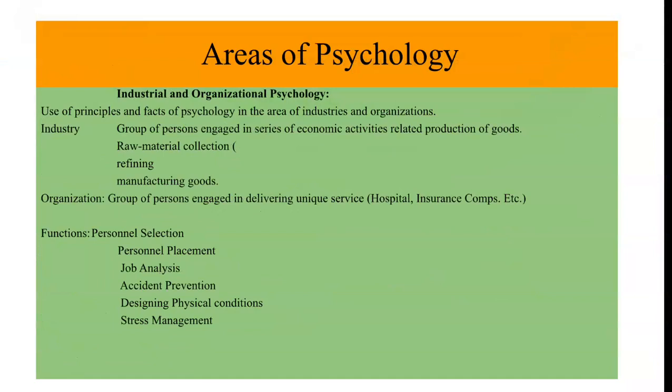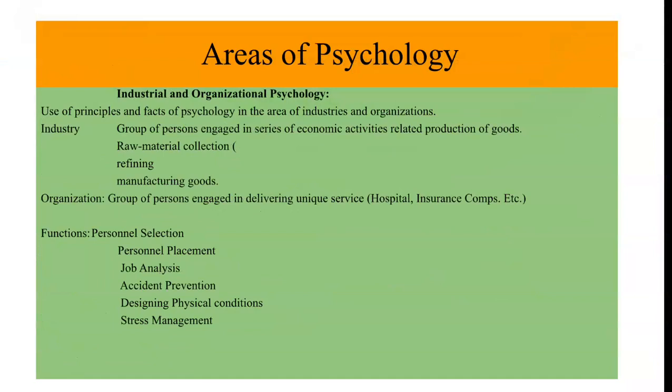So this is about industry. Then what is an organization? Organization means a group of persons engaged in delivering a unique service to society. For example, a hospital is an organization, an insurance corporation is an organization, a police station, a post office, all these are organizations.